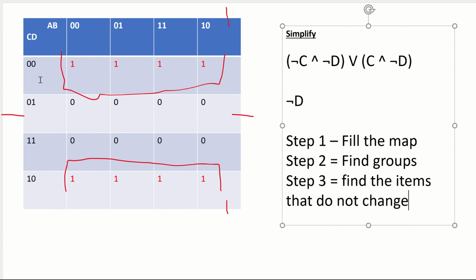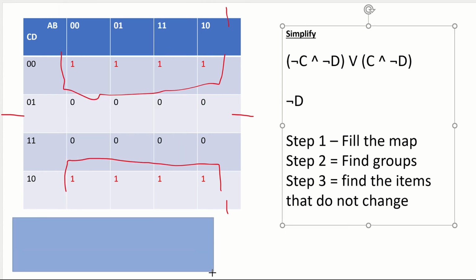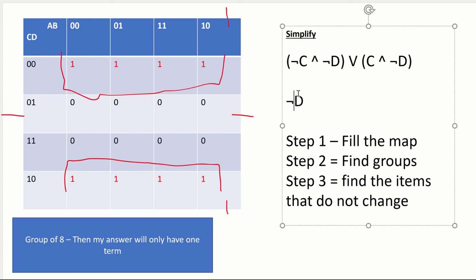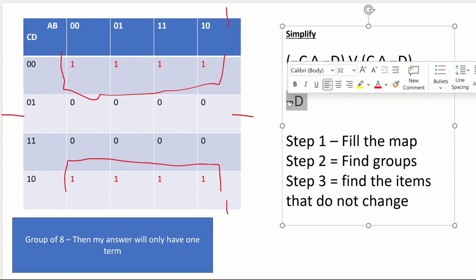Now, another little tip. One big tip is if I've got a group of 8, then my answer will only have one term. What I mean by term is one letter. Notice I've got a group of 8, I've got one term.